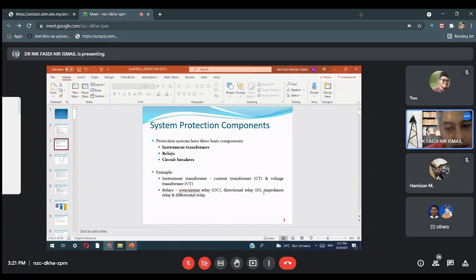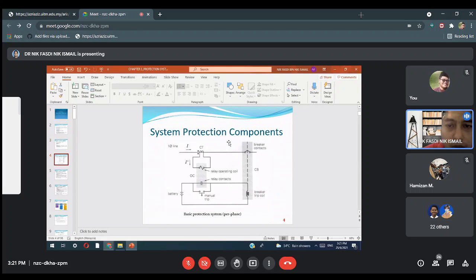Not yet covered. So today we are going to cover the impedance relay and the differential relay. So we have four types of relay being used in practical power system protection. Okay, system protection components, I want to refresh what you understand.